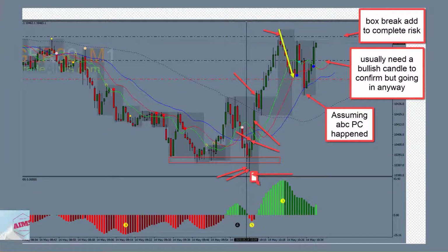So the PC pattern essentially is an ABC. So this is wave A down, B up, and a C down. And what happens is that the C wave breaks the sequence of this stepping up sequence. So if this is an uptrend, you have a higher high and a higher high. So this is your higher low, and that's your other higher low.